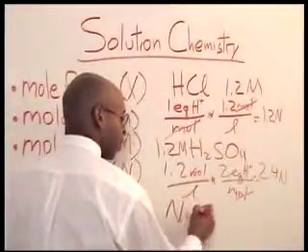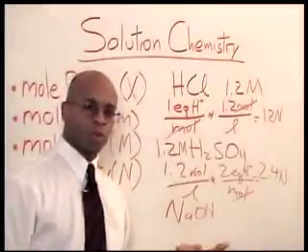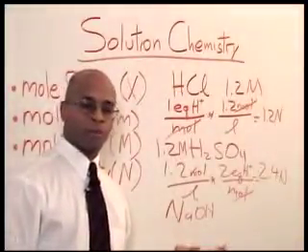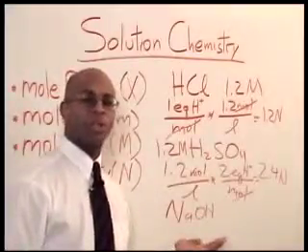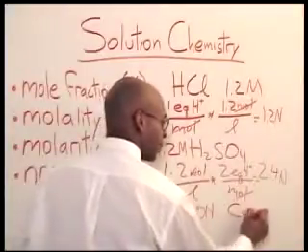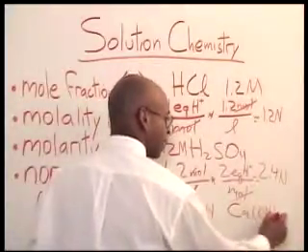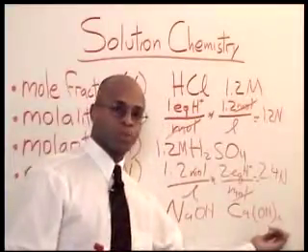Examples of bases: NaOH. Clearly NaOH has one dissociable OH minus per mole, and so whatever its molarity will be, it will be equivalent to its normality. Here's calcium hydroxide, which is Ca(OH)2.